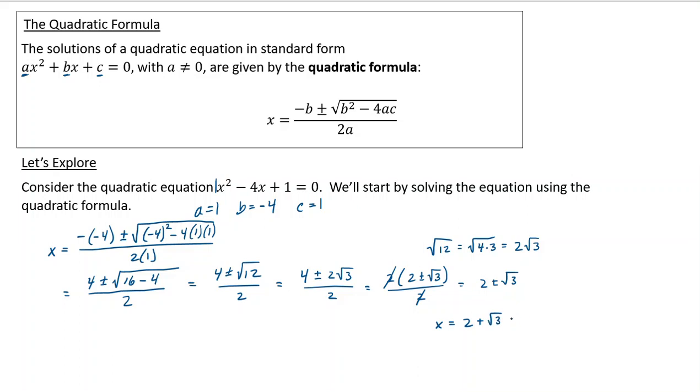And I'm going to go ahead and get a decimal approximation for that one, even though generally I would say, you know, we are looking for exact answers. This is about 3.73 if we plug this in our calculator. And then our second solution there is x equals 2 minus the square root of 3. And again, a decimal approximation here gives us about 0.27.